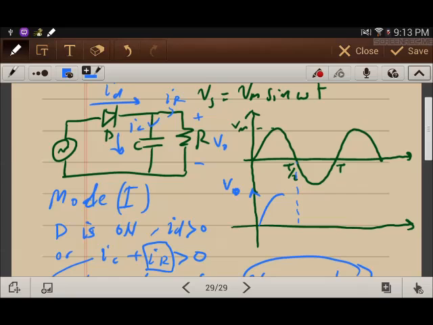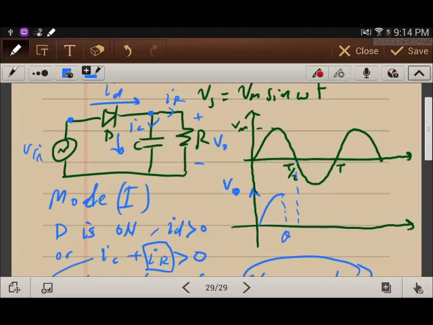When the voltage across the capacitor reaches a certain value in such a way that the capacitor voltage is greater than the diode voltage, the input voltage, then the diode will turn off, because the voltage here is much higher than the voltage here. So the diode will turn off at an angle, let's say it's theta.